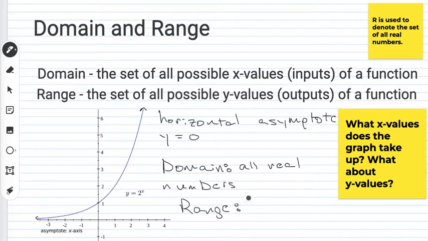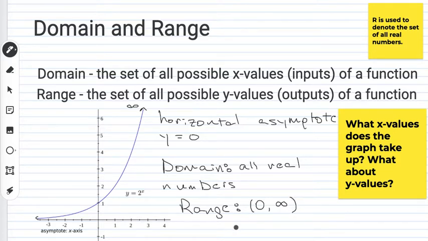So think to yourself, what are all the y values that this graph takes up? So we start at 0 and we go all the way up to positive infinity. But the function never really gets to be 0 down here because of that asymptote. So we're actually going to include an open parenthesis where the 0 is, and an open parenthesis, of course, where the positive infinity is.